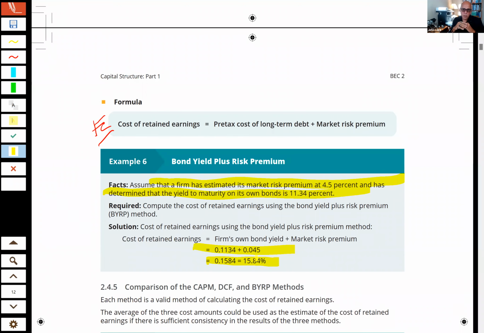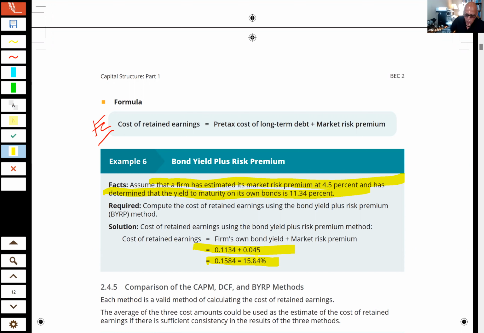Or you may see a question where they just ask you to use the capital asset pricing model to calculate that. And then they may make you plug it into the overall weighted average cost of capital calculation. They may stop right there.